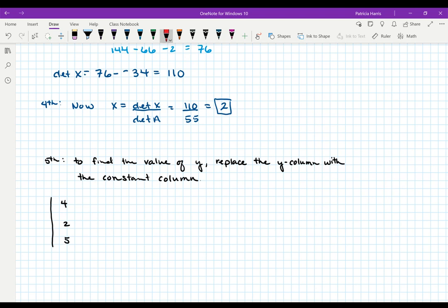Now our y column will become that. And then our z column stays. And now we're going to find the determinant of that.